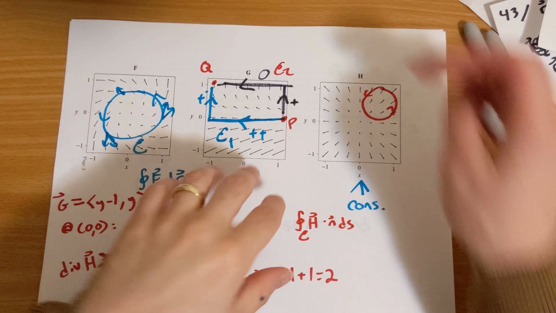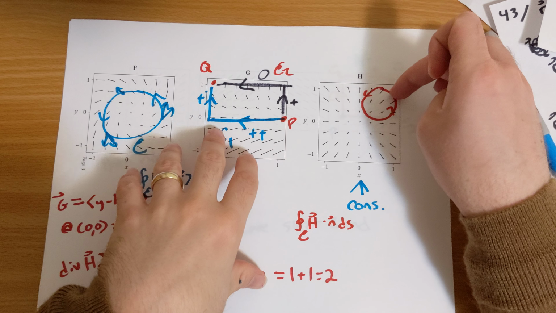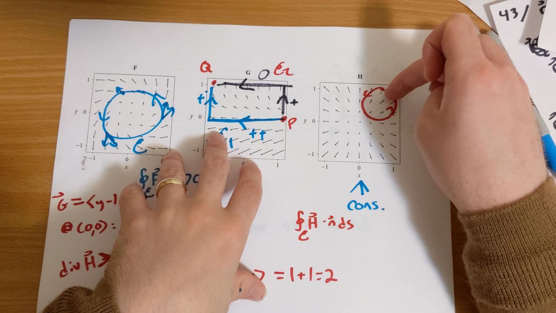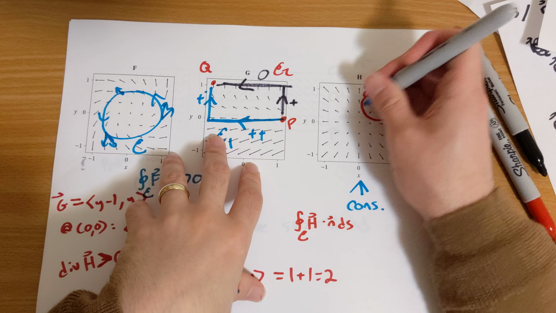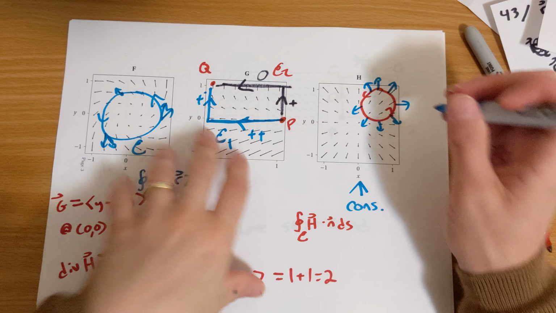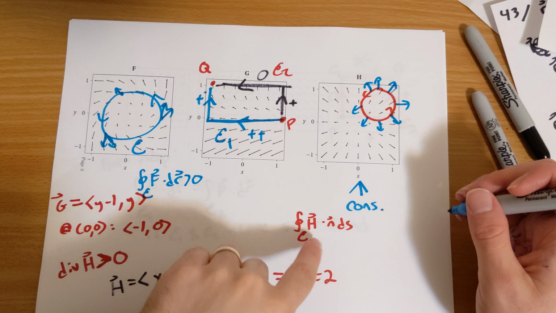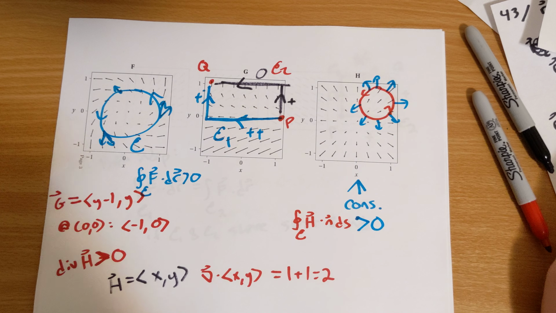Flux is basically taking dot products of the vector field with the normal vectors to our curve. So this answer is going to be positive. Let me give you two reasons why this is positive.